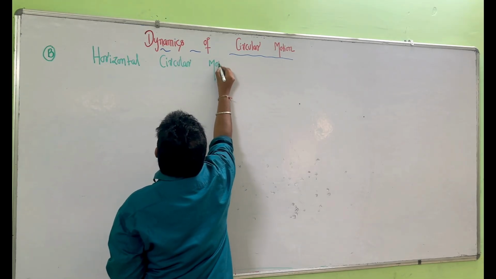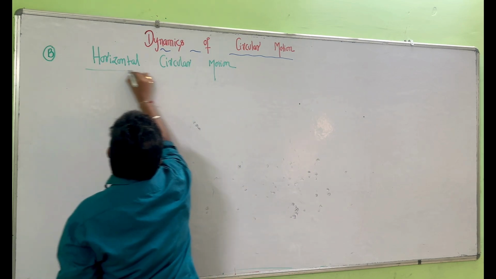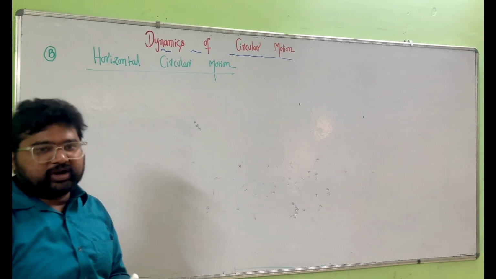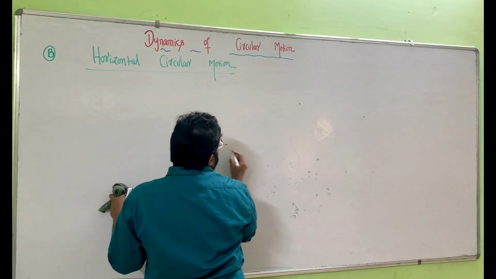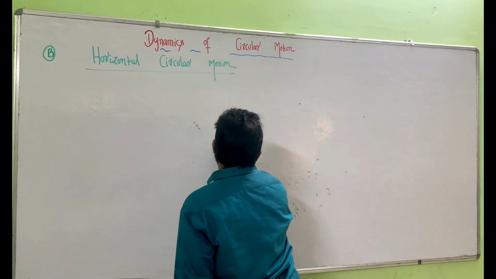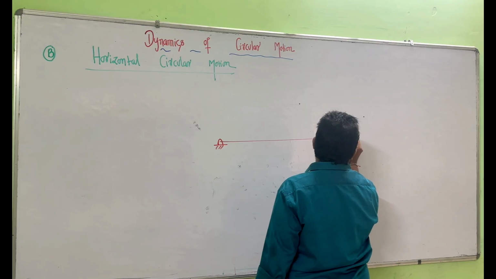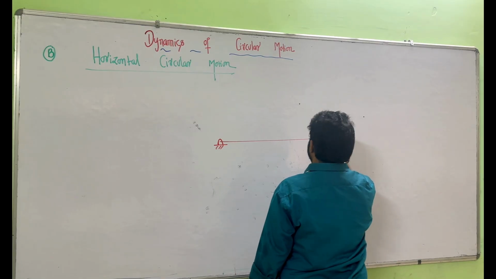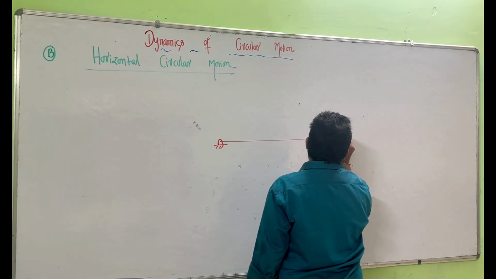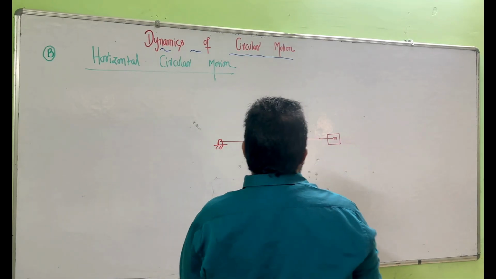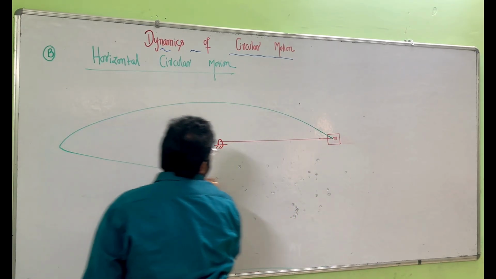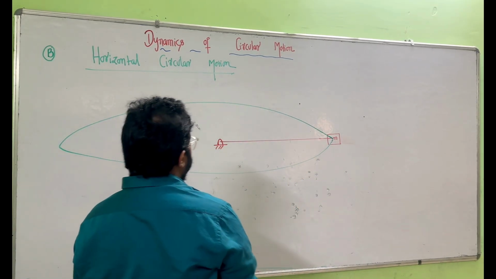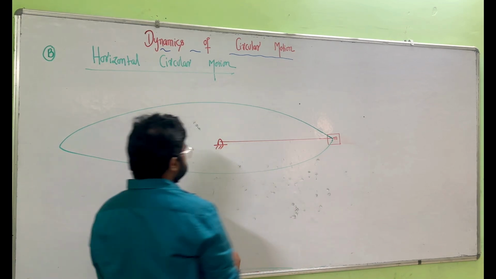How to apply dynamics in horizontal circular motion? See here, this is the pivot point, and this is the point mass M. You can take this part, circular motion. Understood or not?